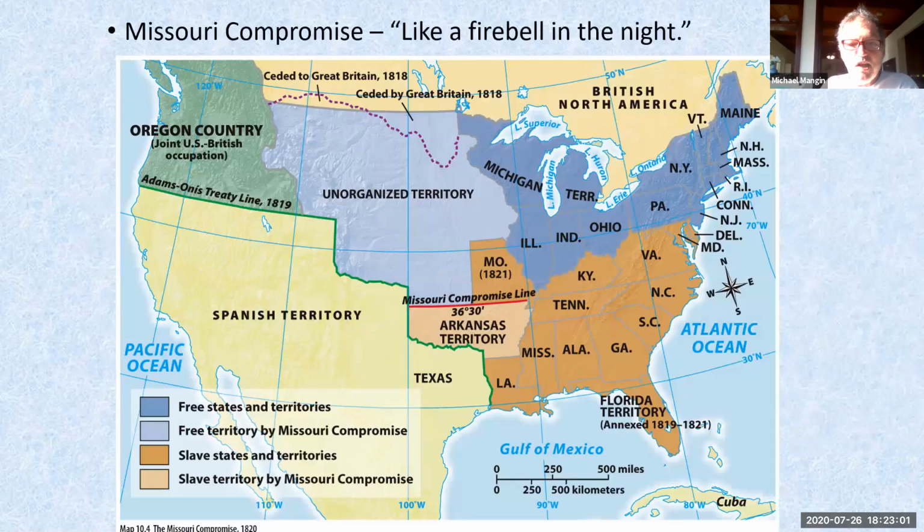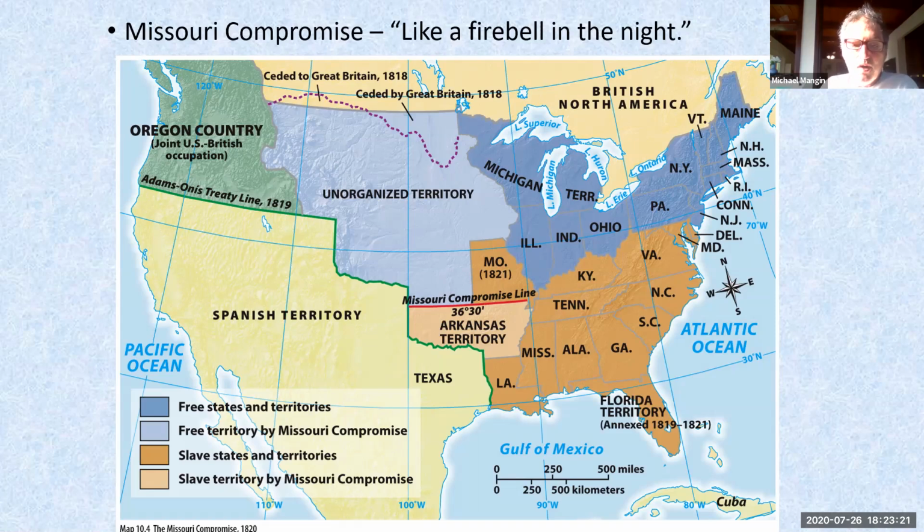Okay, the Missouri Compromise was a crisis of 1820 or 1821 that alerted the politicians in Congress like a fire bell in the night.